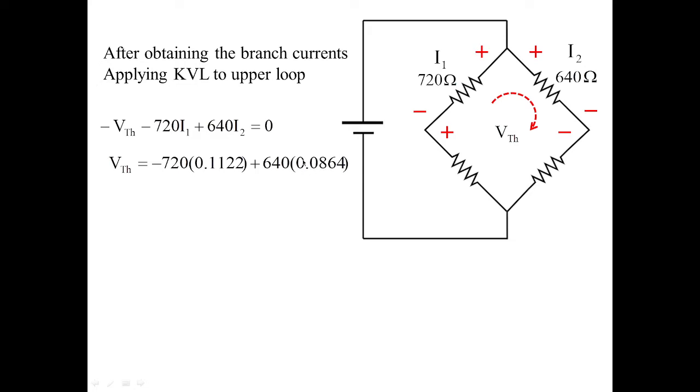I2 is nothing but 0.0864 amperes. With this, I'm going to obtain the value of V Thevenin's, which is equal to open circuit voltage, which is equal to minus 25.434 volts.